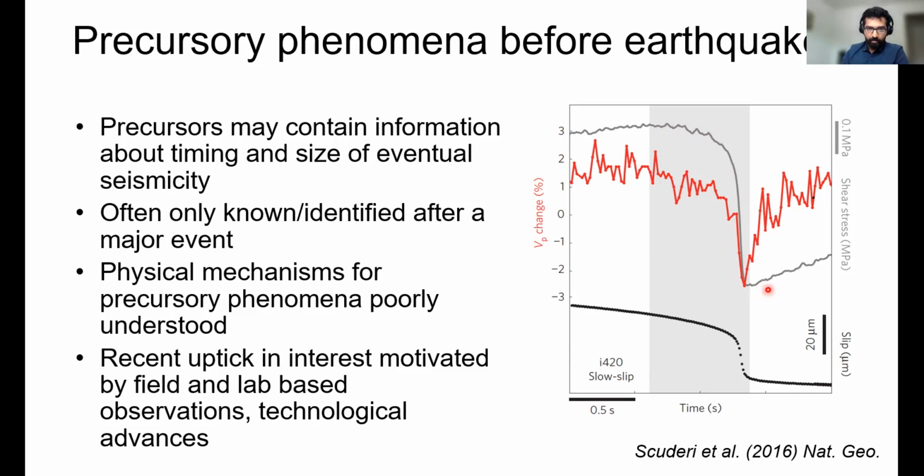So the stress drop here is the actual seismic event. And the red curve is a continuous measurement of P-wave velocities that are probing through the fault. What you can see is there's a dip in VP, the P-wave velocity, before the stress drop, which is indicative of imminent failure.